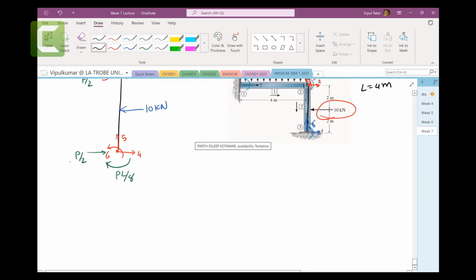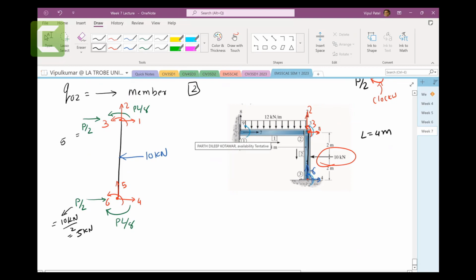Right, so the green one that we're going to get, P by 2 is equal to 10 kilonewton by 2, which is 5 kilonewtons. This one here, again 5 kilonewtons. PL on 8, which is 10 kilonewtons times the length 4 meters over 8, so that cancels to 5 kilonewton meters. And this one also 5 kilonewton meters.